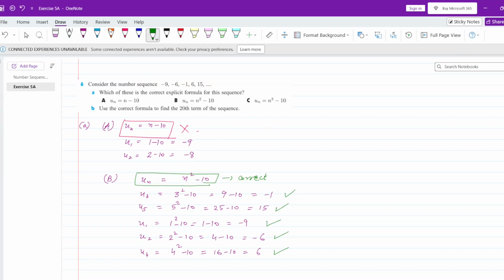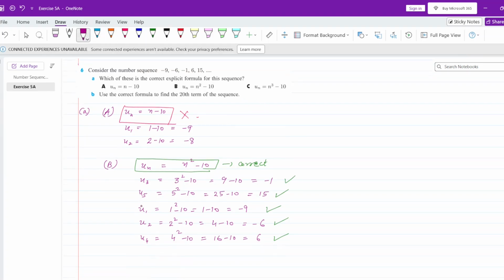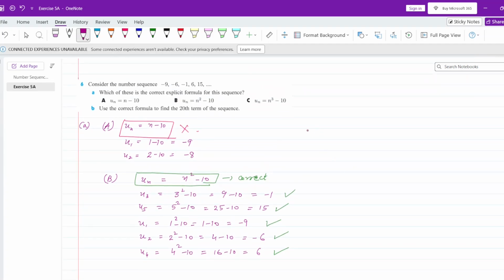Let's try formula C. So C is un equals n cube minus 10. So let's take the fourth term. So u4 equals 4 cube minus 10. That is 64 minus 10. And that is 54.